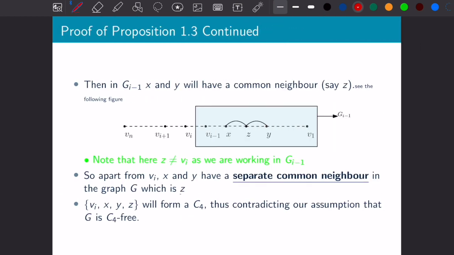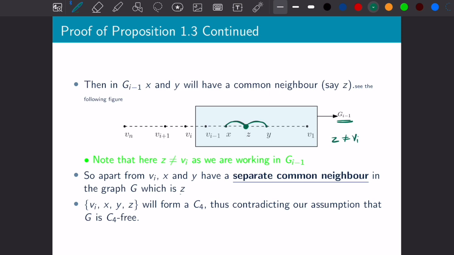Then, by the definition of the square of a graph, x and y will have an edge between them only if they have a common neighbor in Gi minus 1. Let's say that this common neighbor is z. One thing to be noted is that z is not Vi, because we are only considering the graph Gi minus 1, so Vi doesn't come into the picture.